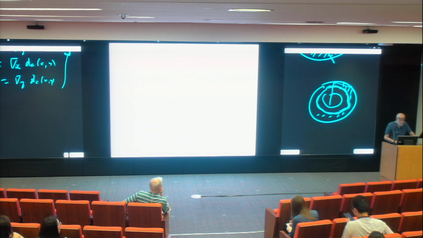And do you assume c is smooth? Sorry? The wave speed is smooth. Smooth, yeah, this is smooth, right. You can generalize this. I gave this problem to one of my students, to C^k. The ideal situation will be C^{1,1}, because geodesics are well defined in that case.